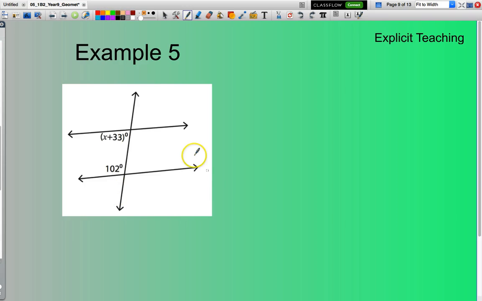So this angle here will be x plus 33 plus, okay, this angle here, 102 degrees. 102 all equals 180 degrees. So we just need to solve this using a little bit of algebra.